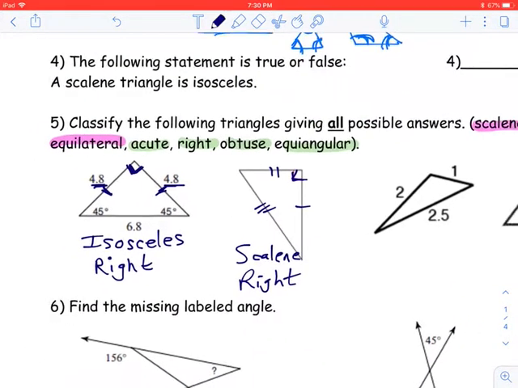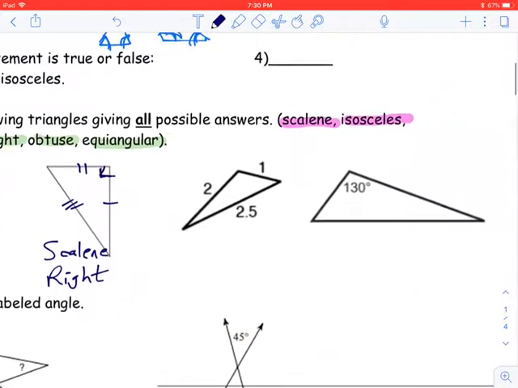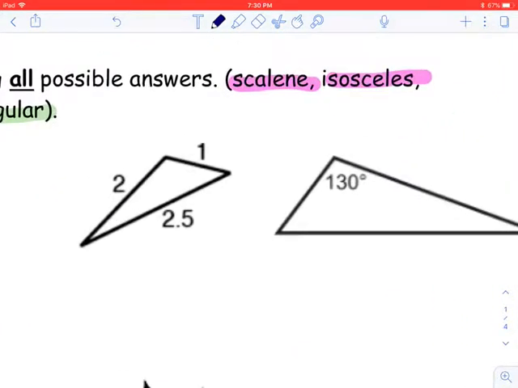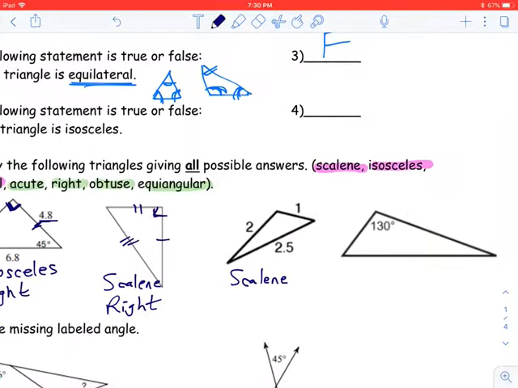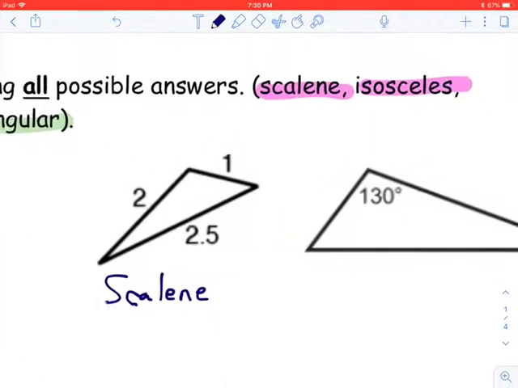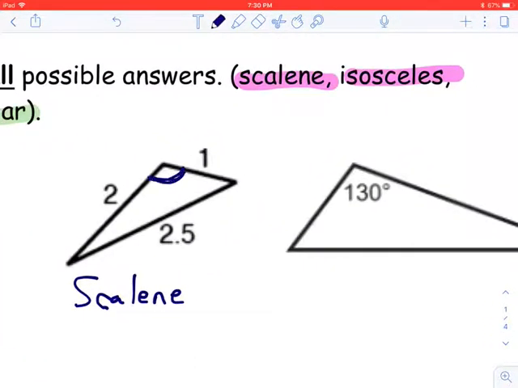And so let's look at the next 2. This one's 1, 2, and 2.5, so that's scalene again. And then it doesn't say anything about the angles, but look at this angle. That is clearly bigger than a right angle.